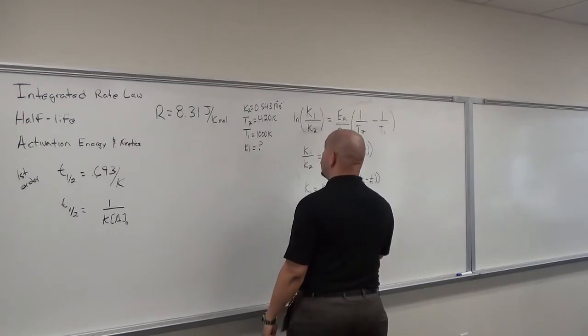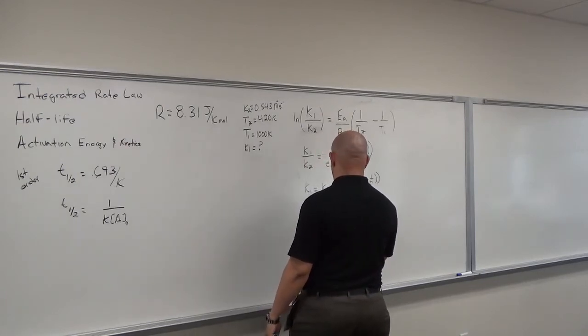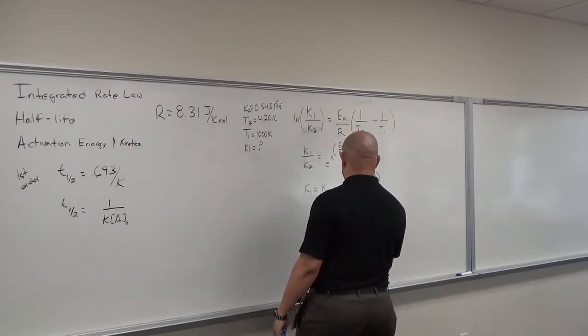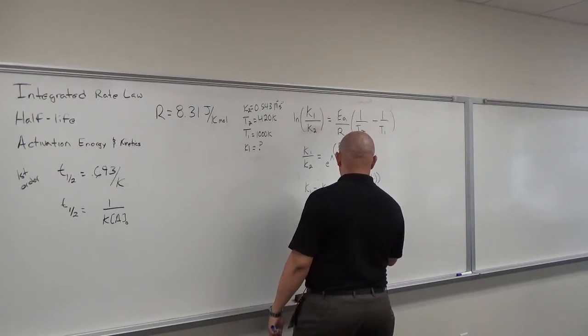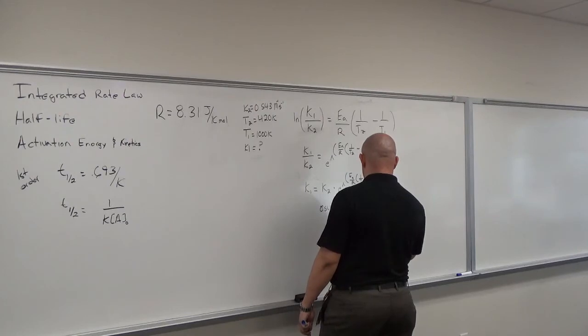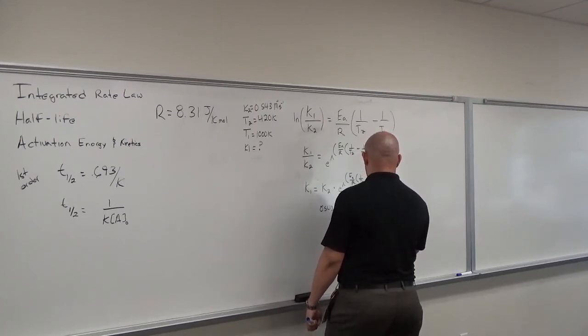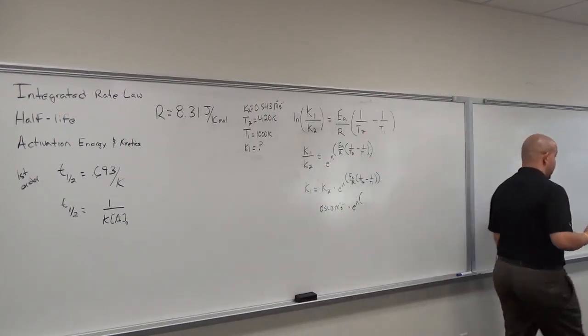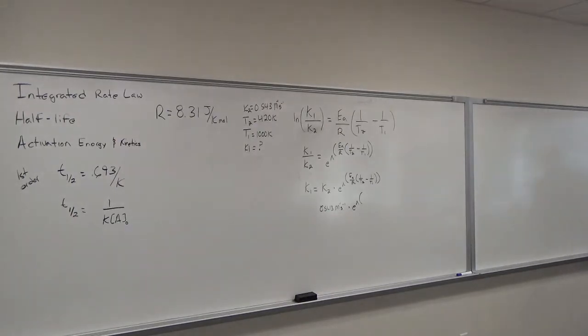So K2 is 0.543 molar per second, and then this is multiplied by e raised to the activation energy, which can be left in joules if your R is left in joules.